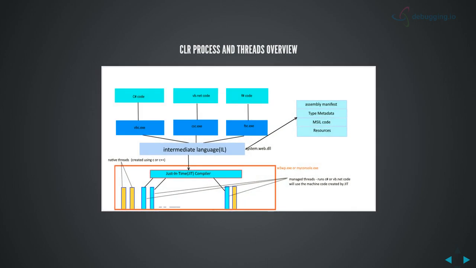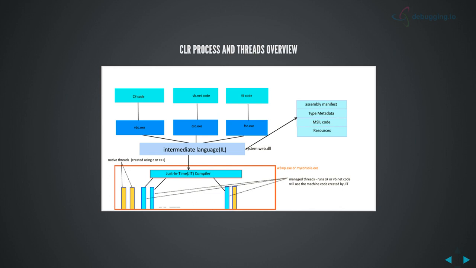So we have to have a thorough understanding of how the process and threads look. This is very important for debugging, so I'm just going to recap how the different threads are there in the process.